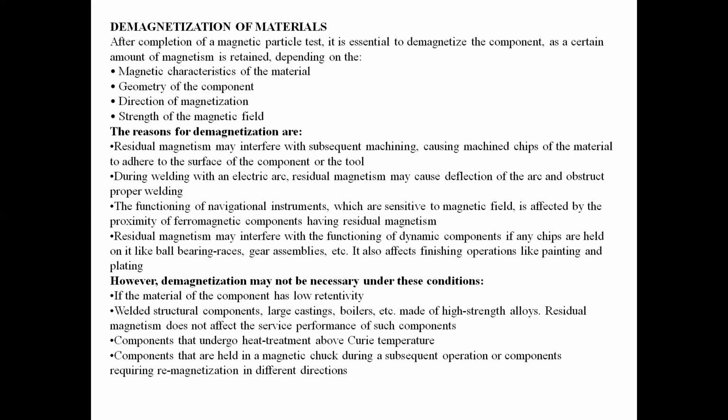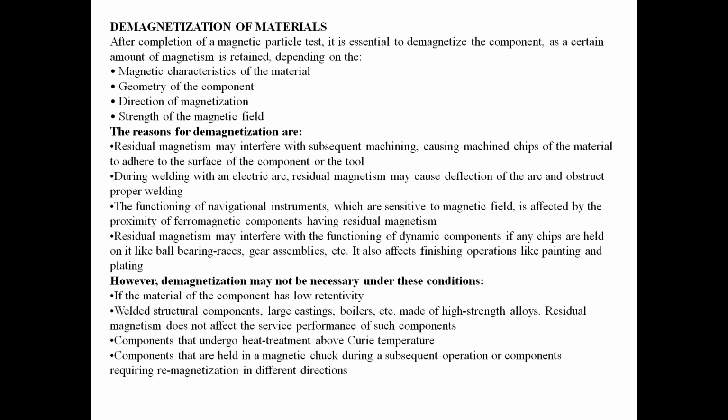This demagnetization depends on different parameters. The first one is the magnetic characteristics of the material, which also decides the demagnetization procedure. The geometry of the component also influences the demagnetization of the material, and so do the direction of magnetization and the strength of the magnetic field retained in the component after completion of the test.